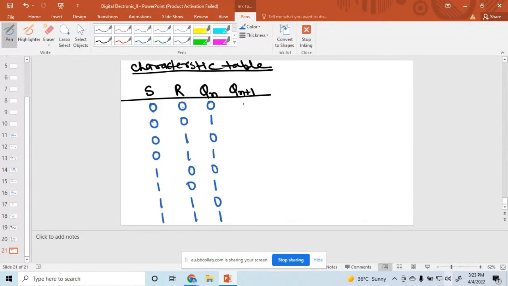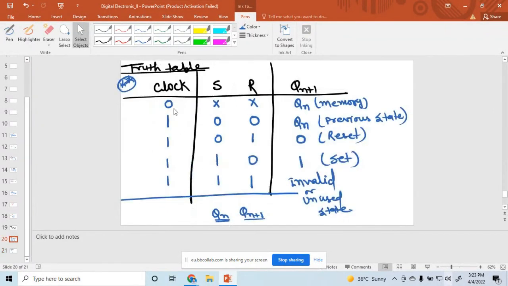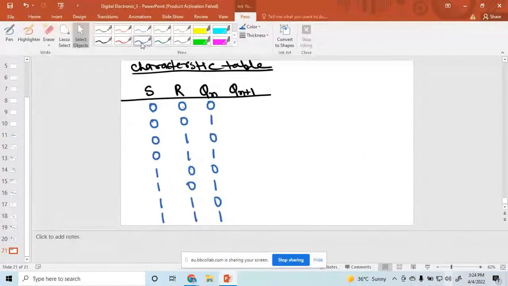The clock pulse is 1. So when S is 0, R is 0, what is the value of Qn plus 1? That is Qn. Similarly, when S is 0, R is 1, and so on. So complete this characteristic table.